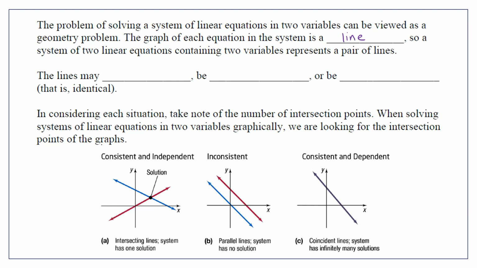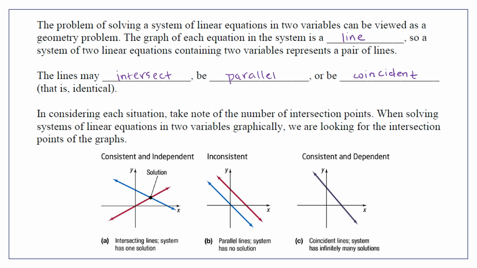The lines may intersect, be parallel, or be coincident. That is identical. In considering each situation, take note of the number of intersection points. When solving systems of linear equations in two variables graphically, we are looking for the intersection points of the graphs.